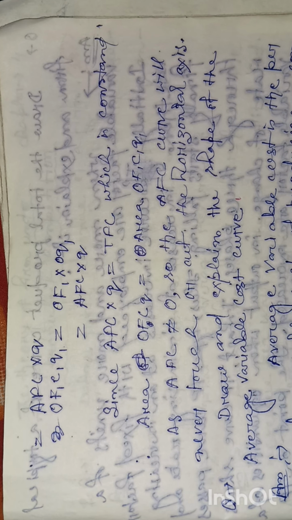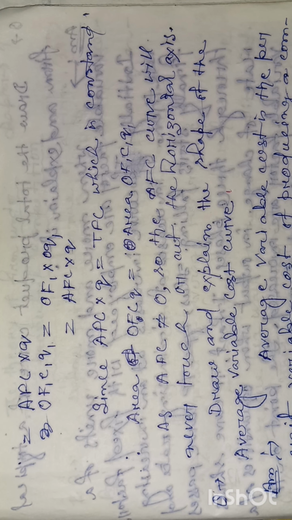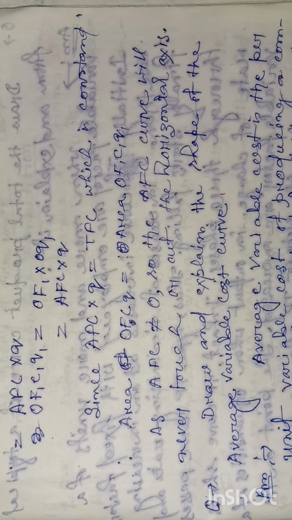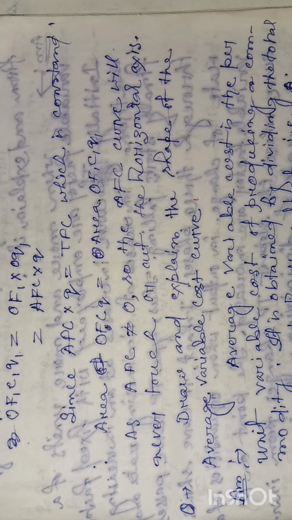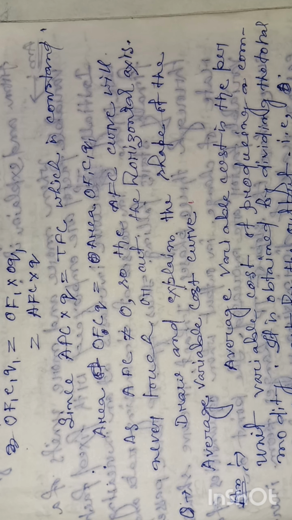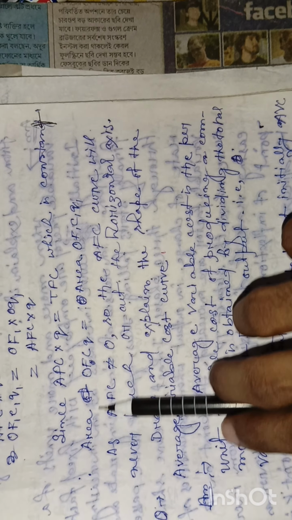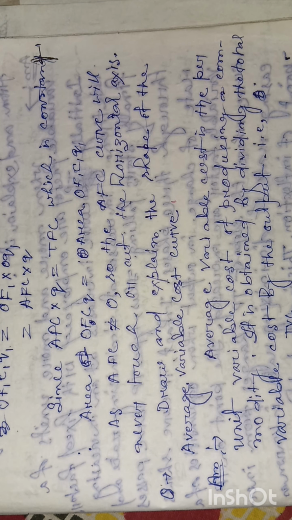In the above diagram, the areas of the rectangles OFCQ and OF1C1Q1 are equal because OFCQ equals OF into CQ, that is AFC into Q, which equals OF1C1Q1, that is OF1 into OQ1, which equals AFC into Q. Since AFC into Q equals TFC, which is constant, the area of OFCQ equals the area of OF1C1Q1.